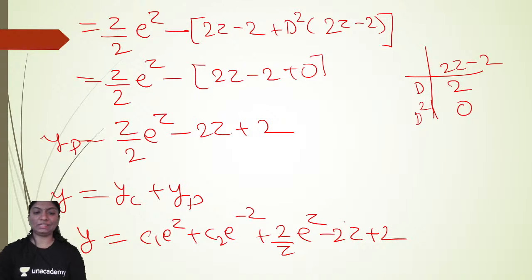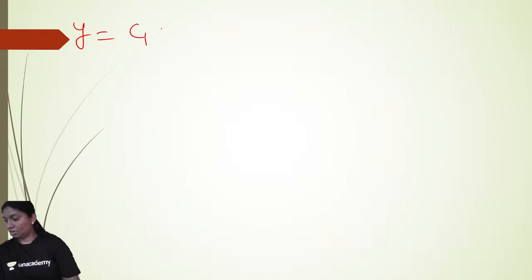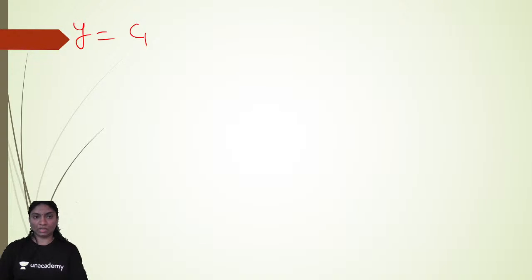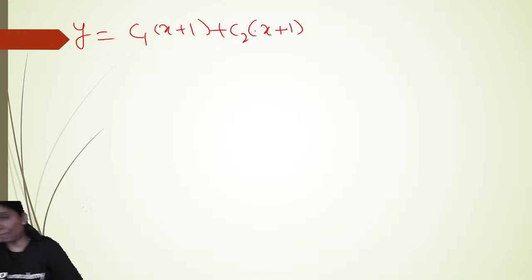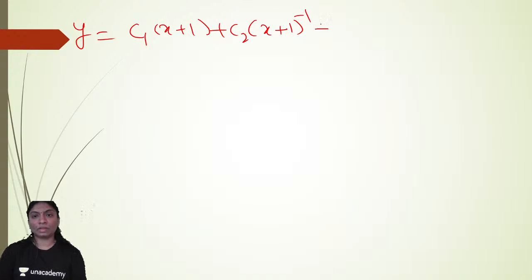Okay. Now replace e raised to z here. So y is equal to c1, replace z by log of x plus 1, then into e raised to log of x plus 1, it means x plus 1, plus c2 into e raised to log of x plus 1 bracket raised to minus 1. So here it becomes minus 1, plus yp.